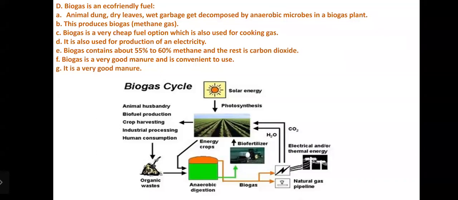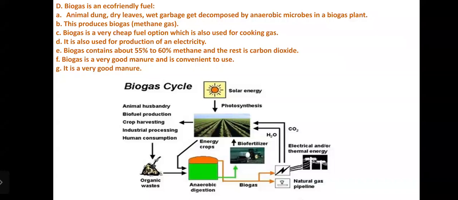Now, if you observe, the biogas plant is still present in villages and remote areas where farmers use their animals' waste to produce a fuel. So such a fuel, biogas, is eco-friendly because it is produced from animal dung.